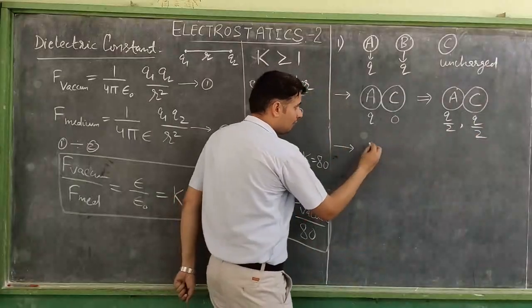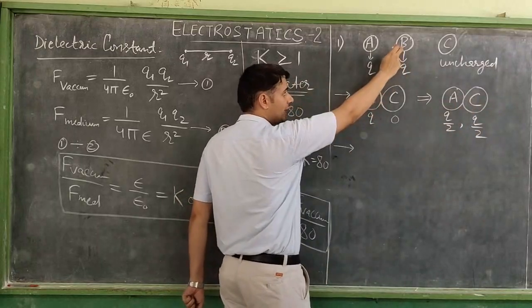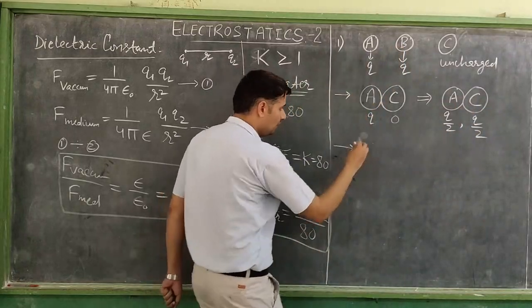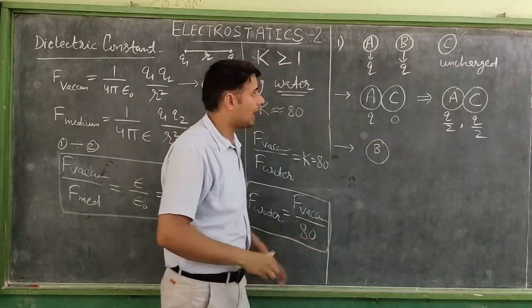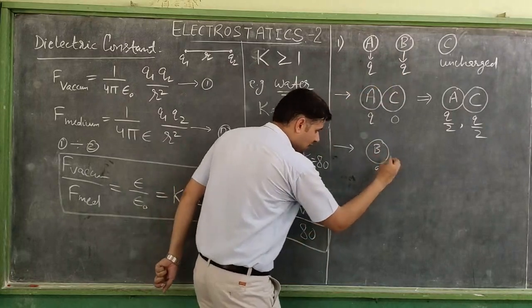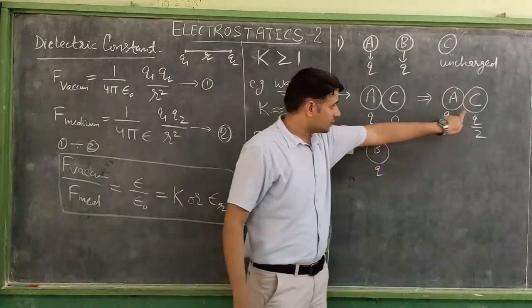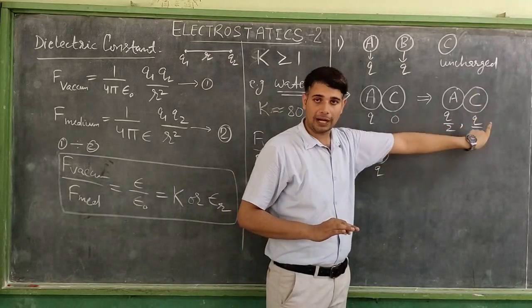In the next step, we put this C in contact with B. B is already having charge Q. Now C is no longer uncharged, rather it has a charge of Q by 2.